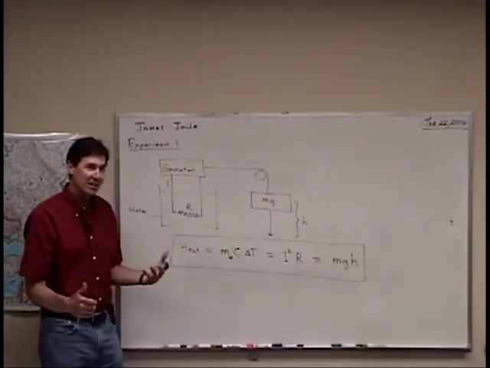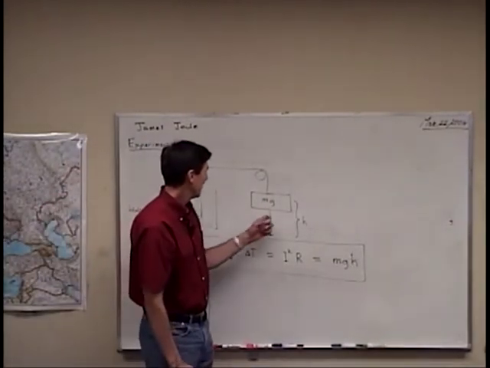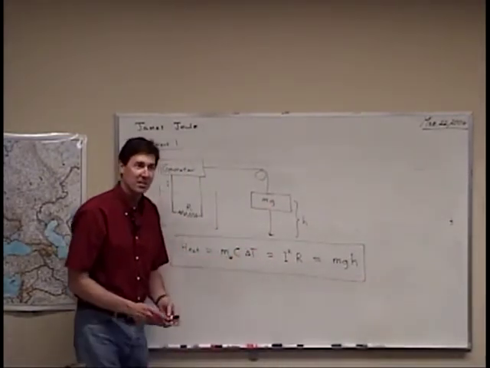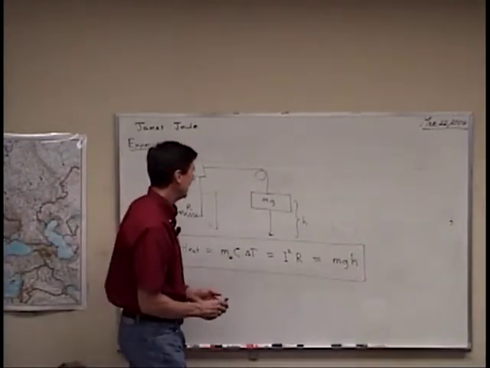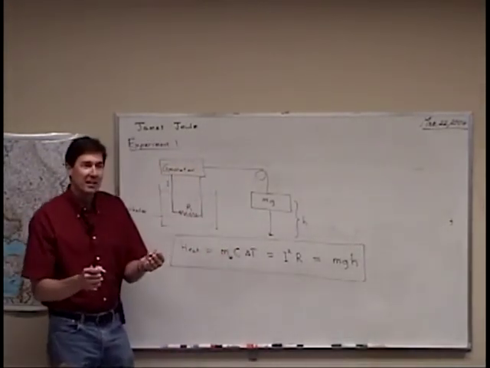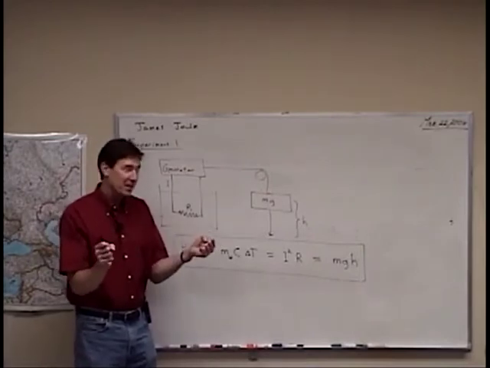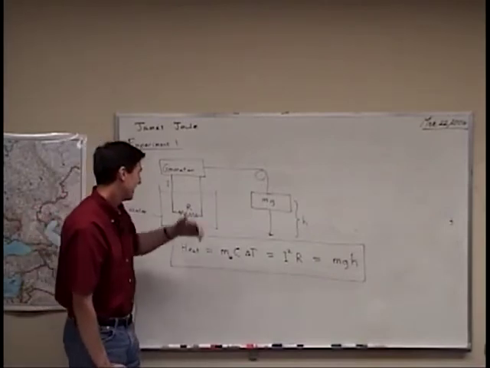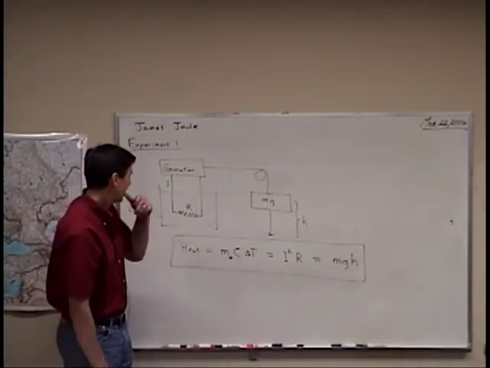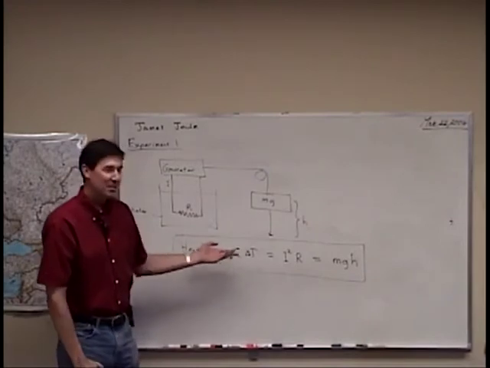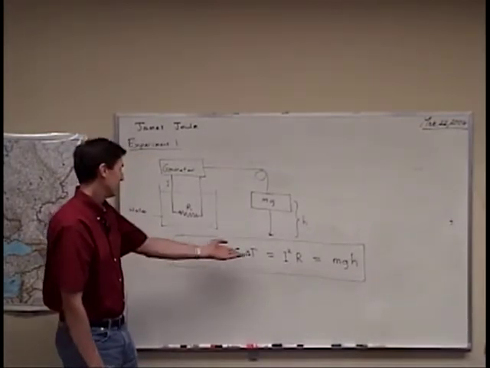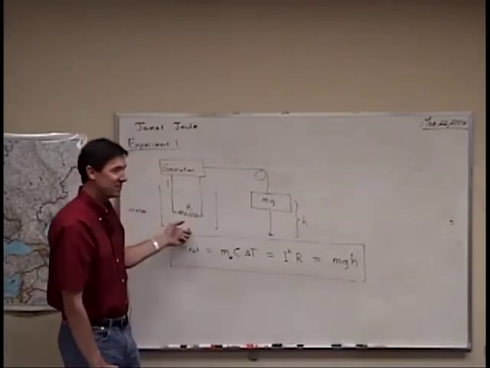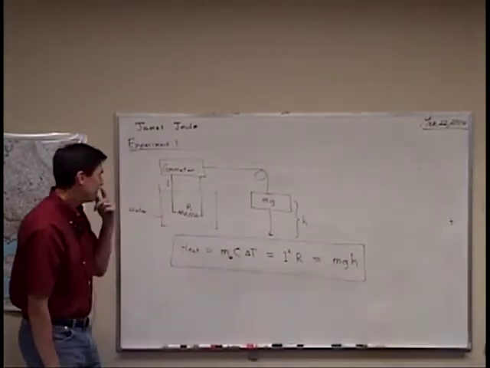So the amount of heat generated here depends on just the product of the weight and the height through which it falls. Any combination of weight and height where the product is the same will generate the same amount of heat. So this is a rather remarkable series of relationships that Joule has discovered here, relating motion to electricity to heat.